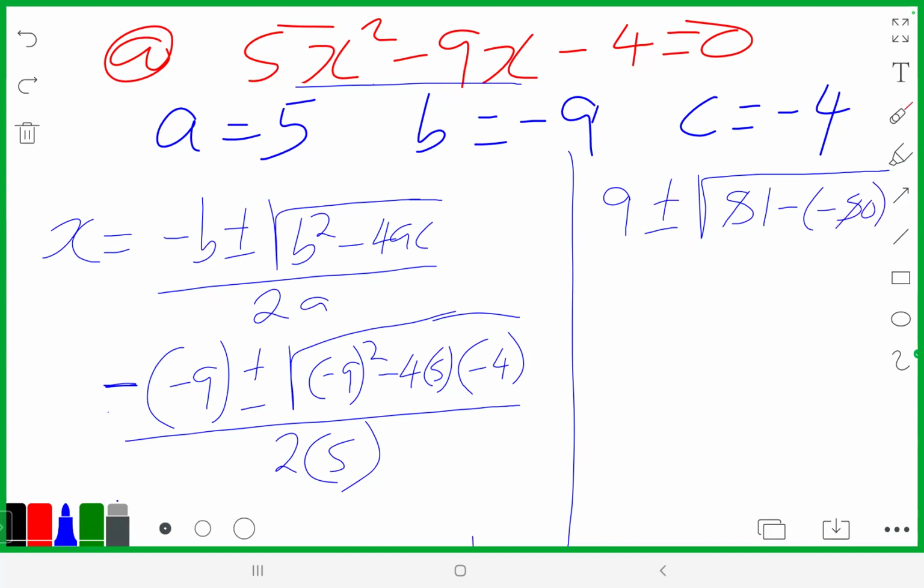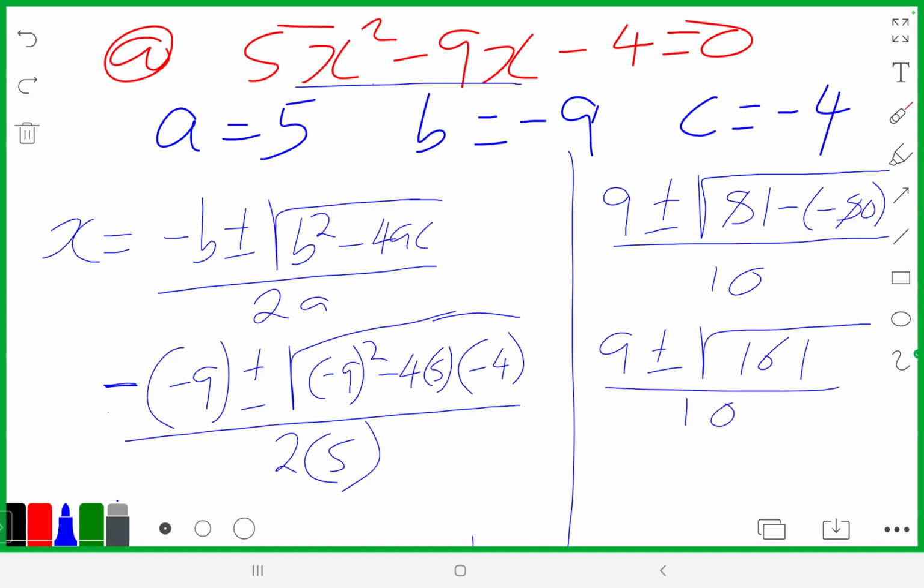Negative times negative gives us positive. 2 times a down is 10. So we'll say 9 plus or minus the square root of 81 plus 80, giving us 161, everything divided by 10. When we reach here, it becomes very easy. You separate the work because you need two answers. There are two signs here, positive and negative.